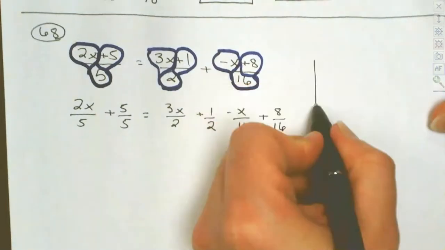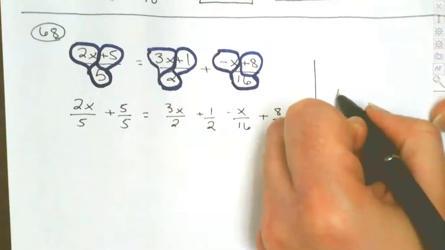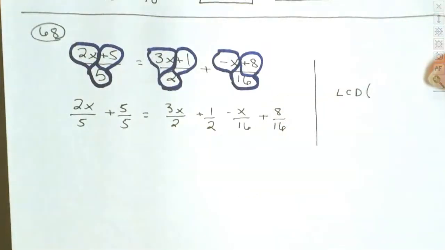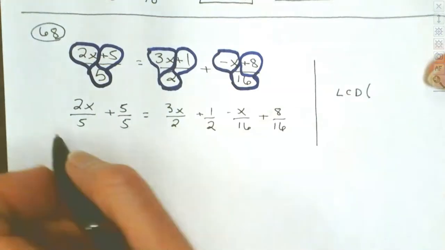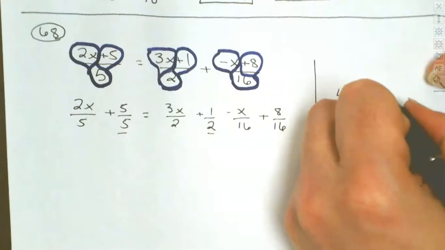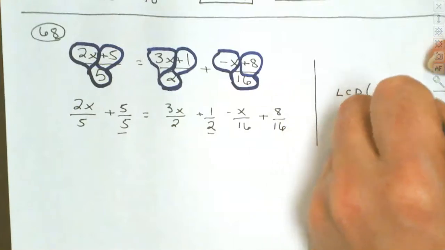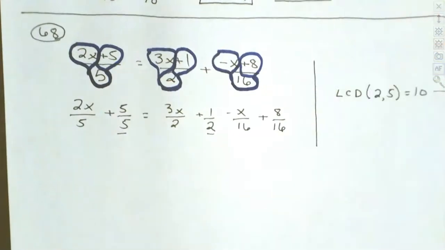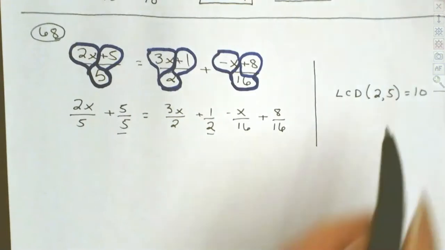So what would I use for my least common denominator? Well, let's break it up and see. Okay, the least common denominator of 2 and 5 would be what? Does anyone know? 10. Okay. And we're going to break this up into two pieces at a time. So the least common denominator of 2 and 5 is 10.